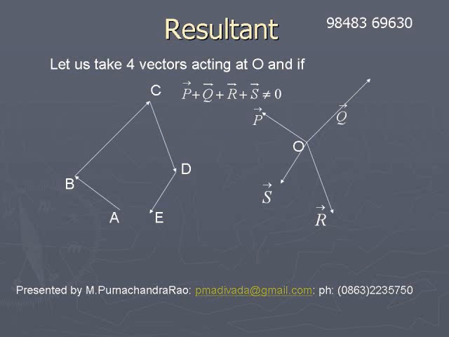Let us take four vectors acting at O, and if the sum of the four vectors is not equal to 0, for example, if P bar plus Q bar plus R bar plus S bar is not equal to 0, then we cannot represent them by a closed polygon. Let us see what happens.